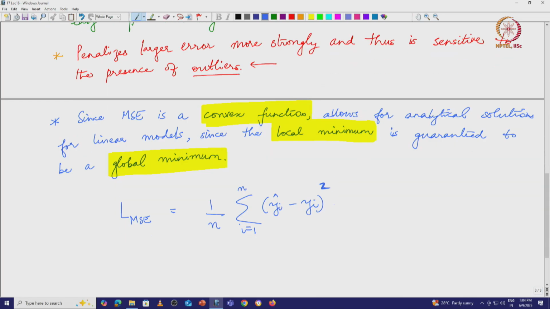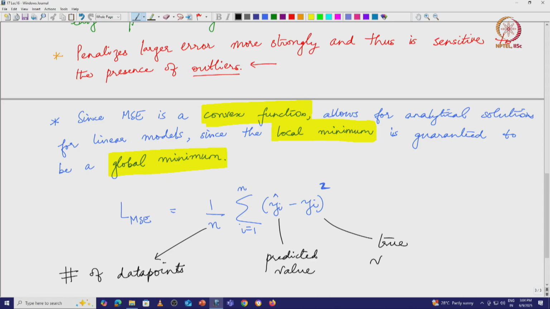So n here is the number of data points, the summation also runs from 1 to n, this is the predicted value of the ith data point, and this is the true value of the ith data point.